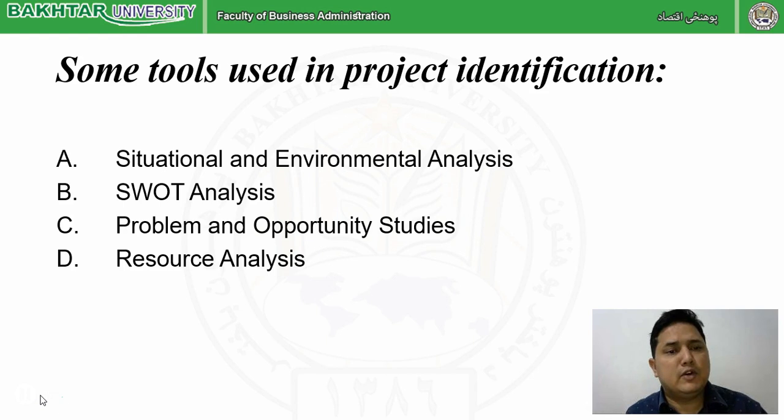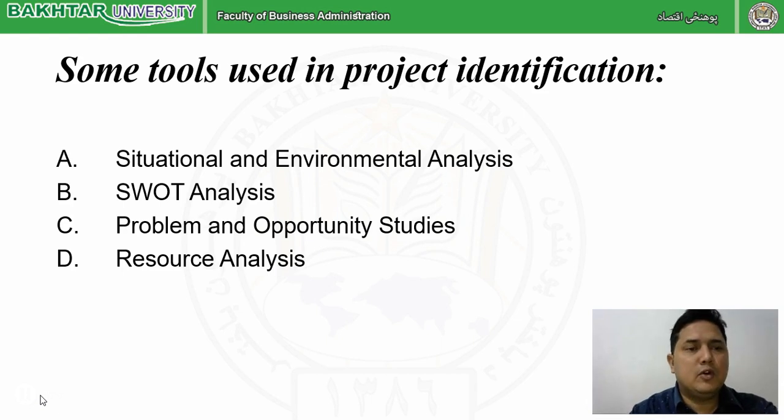These include situational and environmental analysis, SWOT analysis, problem and opportunity study, and research analysis. These are a few tools, with the help of which we can identify the project that will benefit more, that will run for a long time, that will apply to more clients, and that can be used more times.